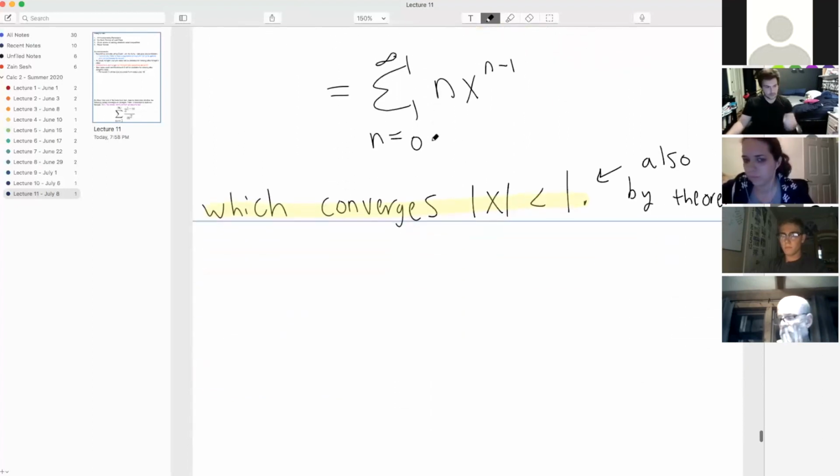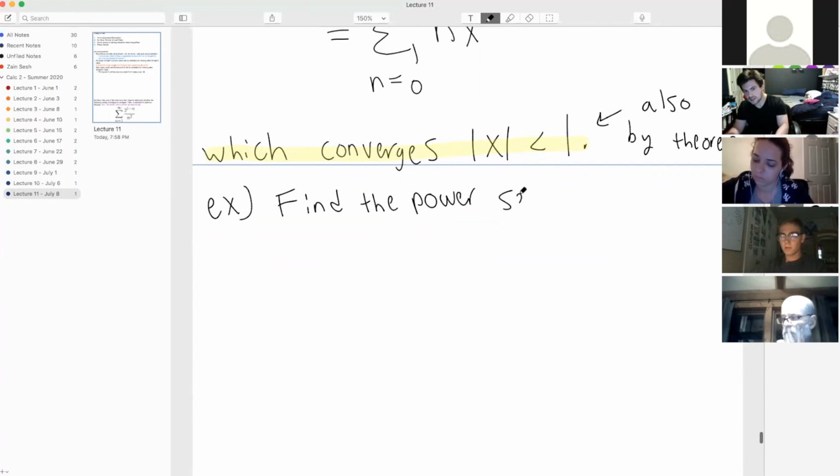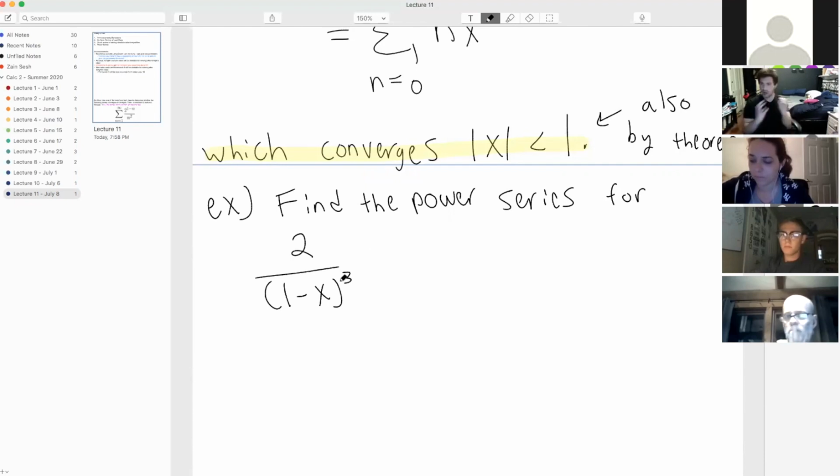All right, so let's move on with some further examples. Let's find the power series for 2 over the quantity 1 minus x, the whole quantity cubed.